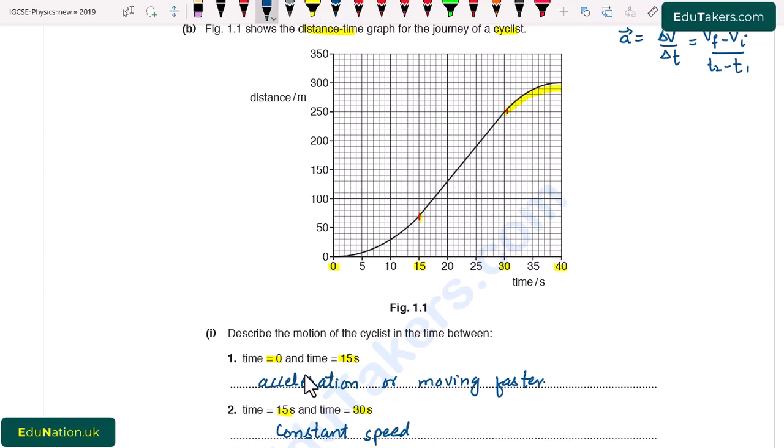I write here speed will be equal to distance divided by time, and it is also equal to the slope of the distance-time graph. So here we have to calculate the average speed, which means we have to divide total distance by total time.